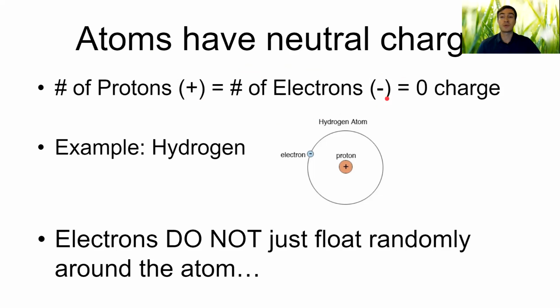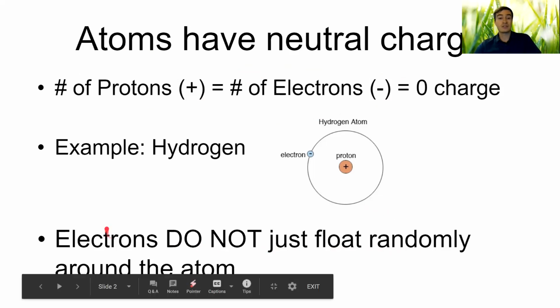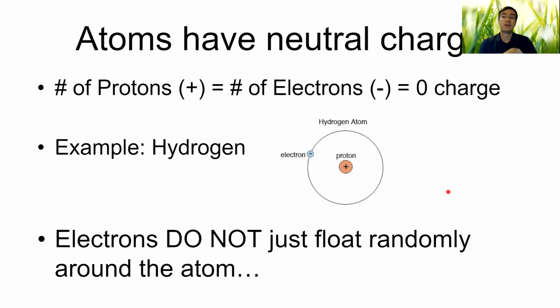So that's kind of a brief summary of all the stuff that we talked about on Tuesday. But one thing that we didn't get to that I want to cover in a whole lot of detail today is this idea that electrons do not just float randomly around the outside of the atom, right?